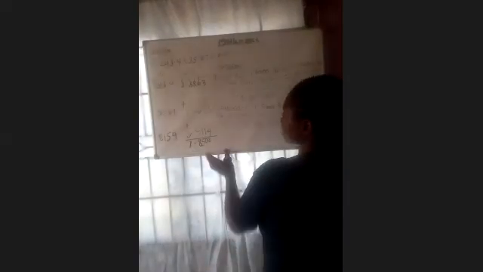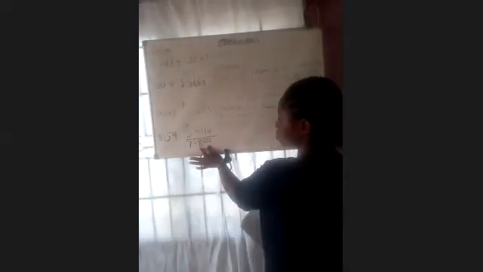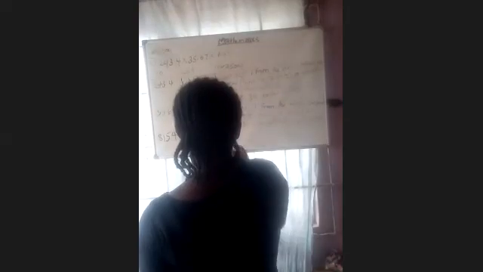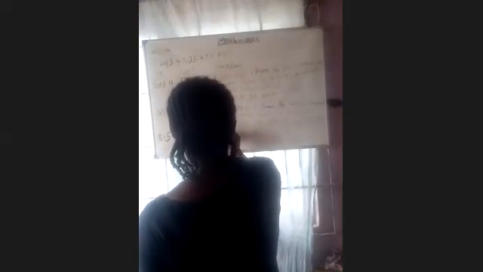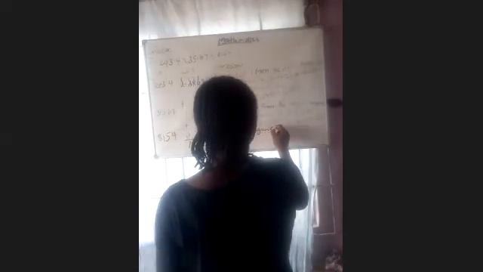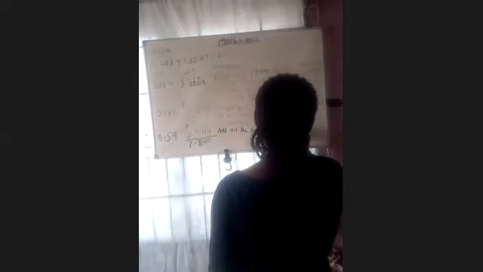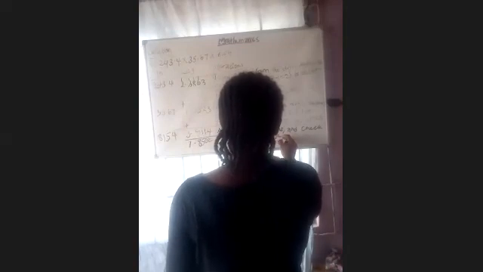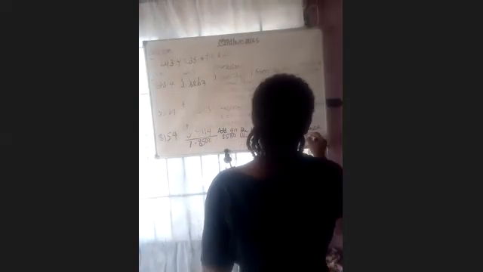So we check 0.8500 using the anti-logarithm table: 85 under 0 difference 0.